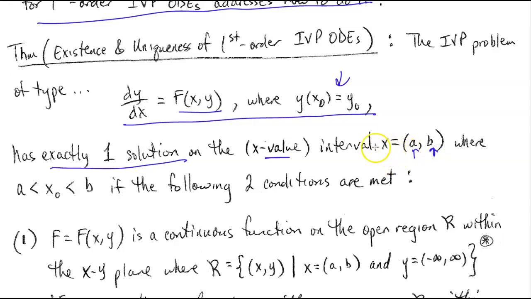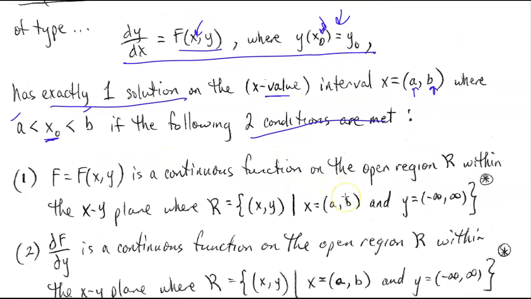So basically, if I'm looking at all my x values here, I know that there's going to be exactly one solution on this open interval from a to b, where whatever x sub 0 is, it's going to be in between a and b. I know that. And so we know that we're going to have exactly one solution if we meet the following two conditions.